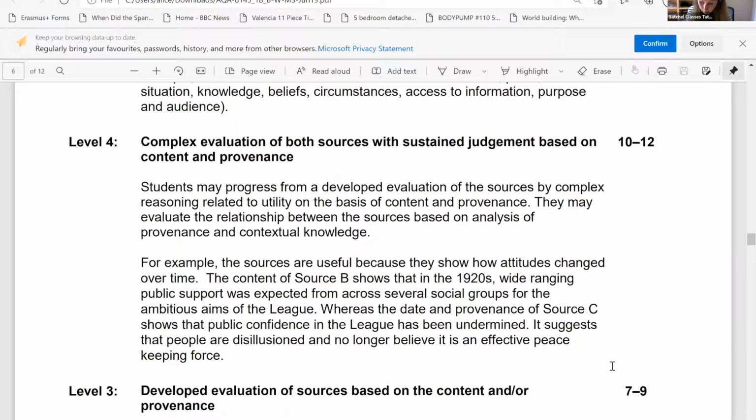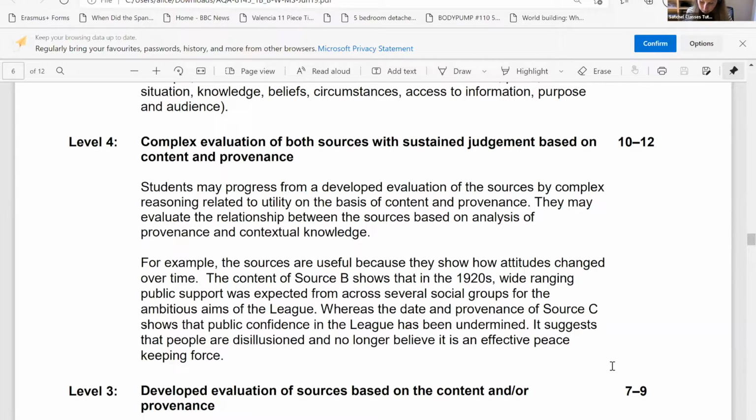The sources are useful because they show how attitudes change over time. So we're looking at where sometimes you might have one that was produced in the 1920s, one which was produced in the 1930s. The content of source B shows that in the 1920s, wide-ranging public support was expected from across several social groups for the ambitious aims of the League, whereas the date and provenance of source C shows that public confidence in the League has been undermined.